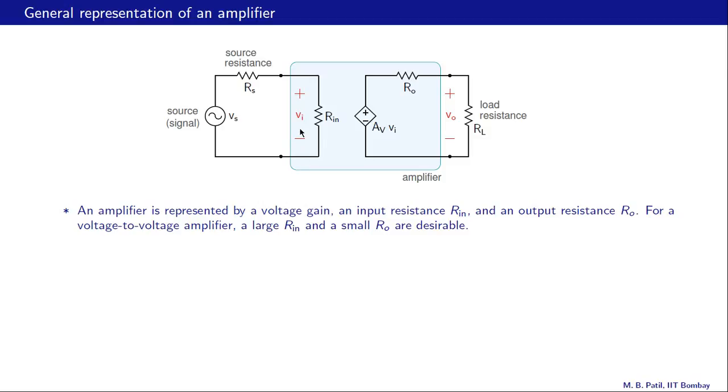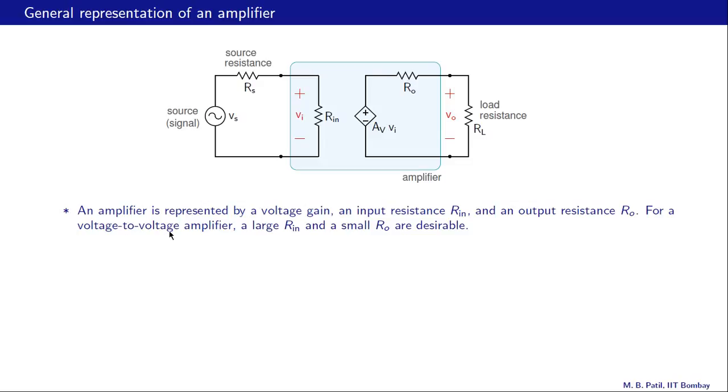So this Vi here is the voltage that appears on the input side of the amplifier. If this is Vi, then this voltage controlled voltage source produces a voltage which is AV times Vi. Now this AV times Vi does not quite appear across the load, and what appears across the load will be determined by the value of this output resistance.